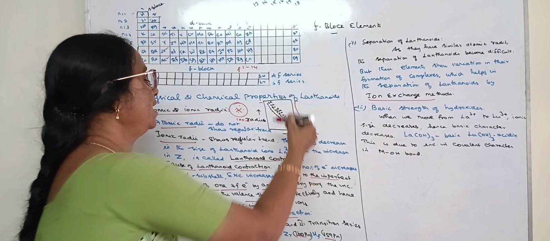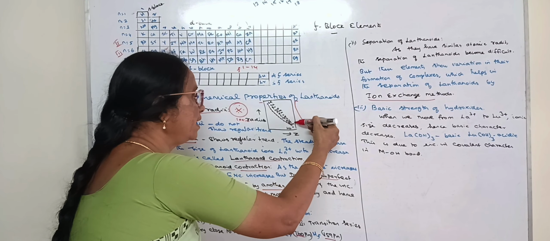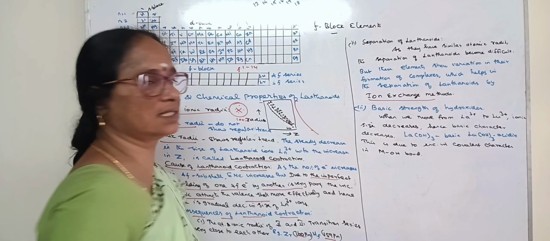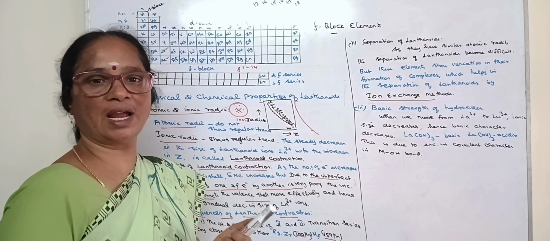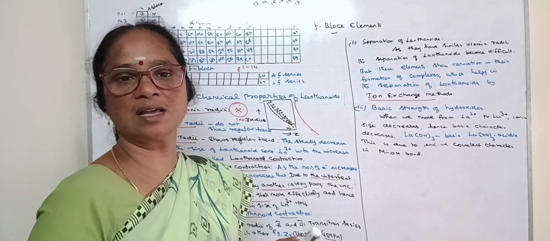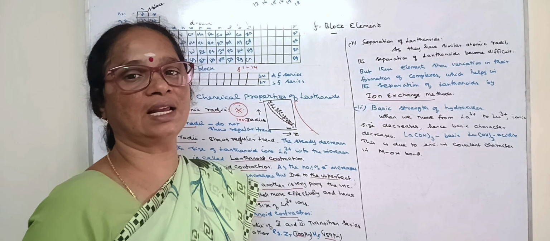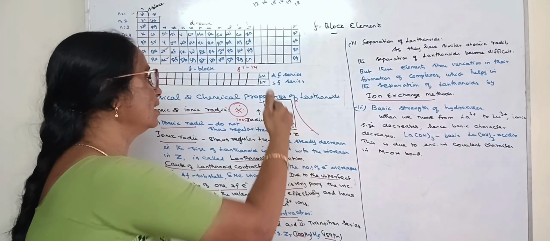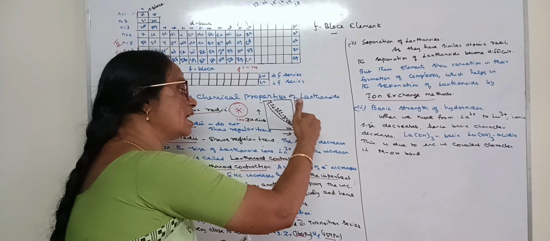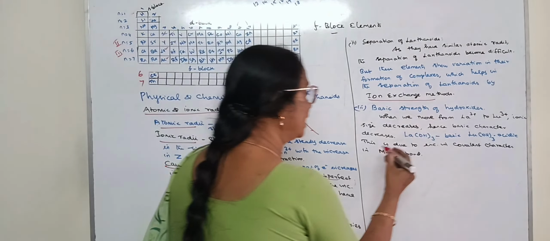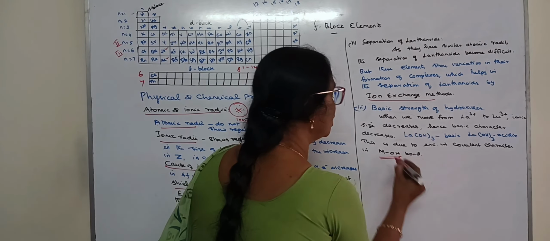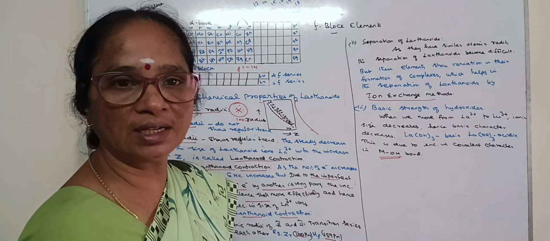So we are saying the ionic radii of lanthanides decrease. According to Fajan's rule, the smaller the size of the cation and the larger the size of the anion, the covalent character increases. So here the ionic size decreases and hence the metal-OH bond possesses more covalent character.